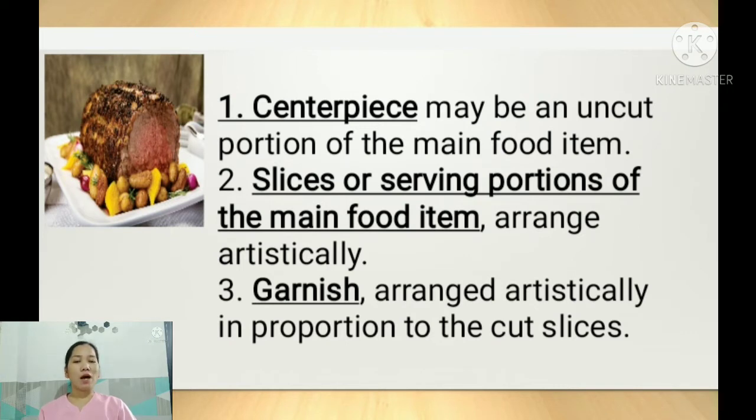And the last one is the garnish, arranged artistically in proportion to the cut slices. So the 3 basic elements of platter presentation are the centerpiece, the slices or serving portion of the main food item, and the garnishes.